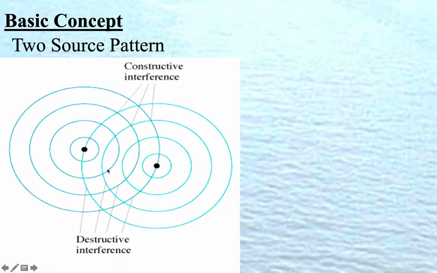And then also, if I have two speakers generating the same sound at the same time, we ought to be able to walk around the room and find places where we are some distance from this source and some distance from that source. If this is an even number of wavelengths difference, then we get constructive interference.